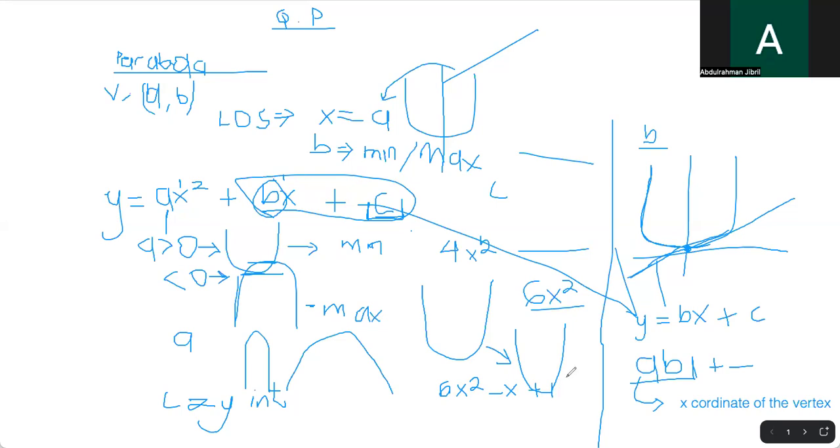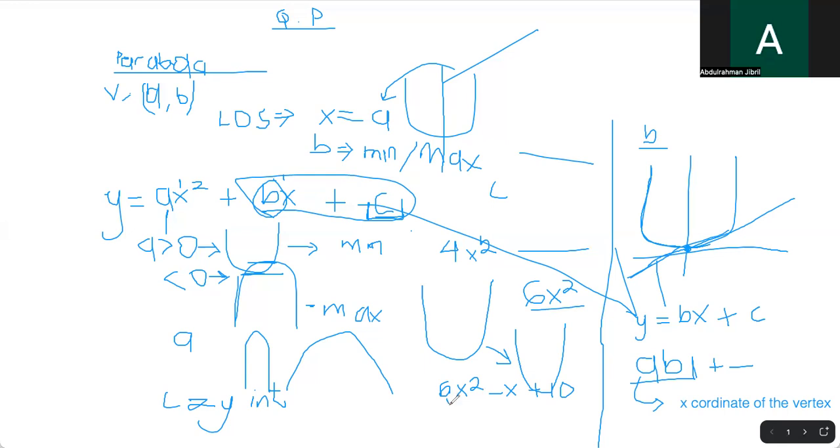Okay, plus 10. And I must say, the sign of the x coordinate of the vertex tells us the position of the graph of your curve on the Cartesian plane. It tells us whether it is to the left or to the right side of your y-axis. So whenever the sign of your x coordinate is negative, it means it's on the left side. If it's positive, it's on the right side.